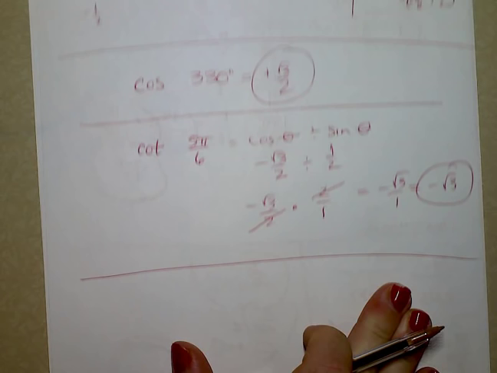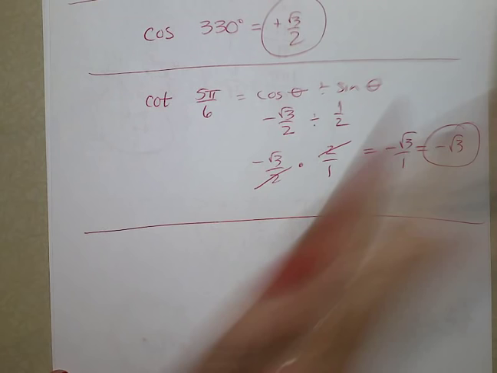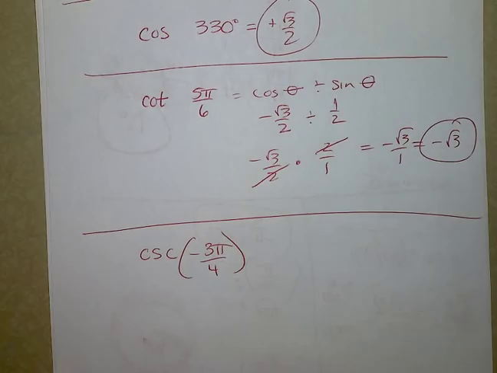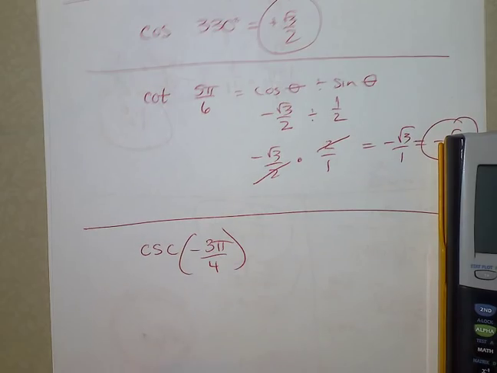Your next one. Find the cosecant of negative 3 pi over 4.